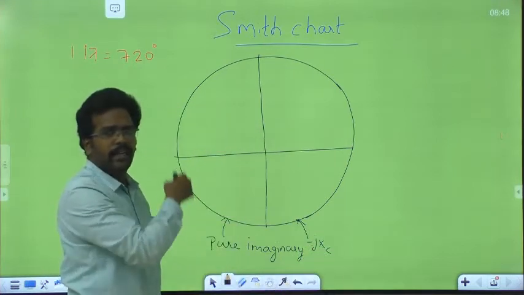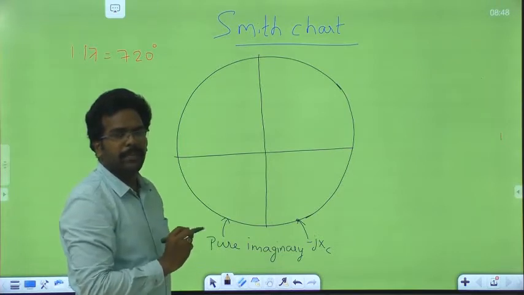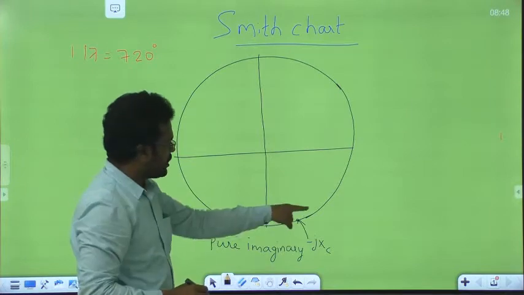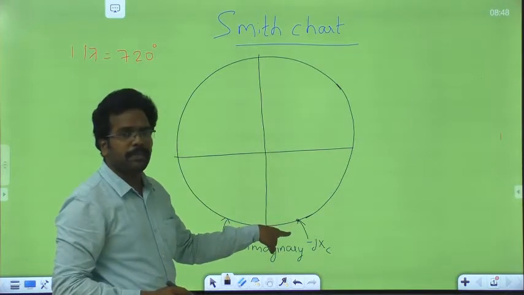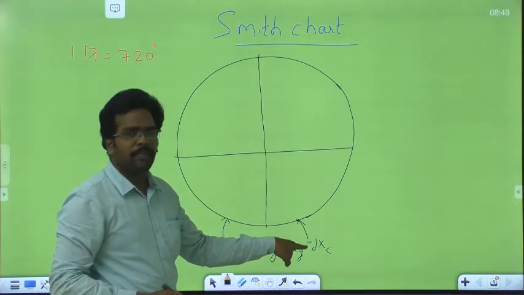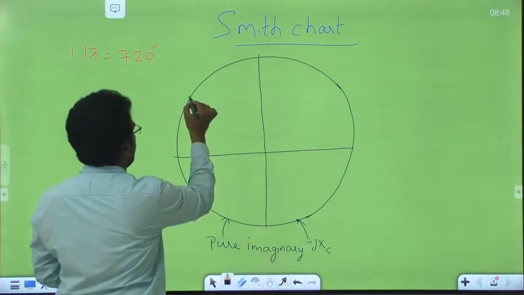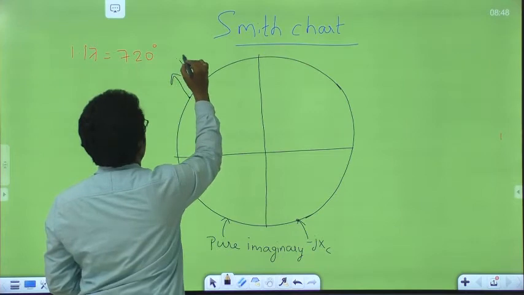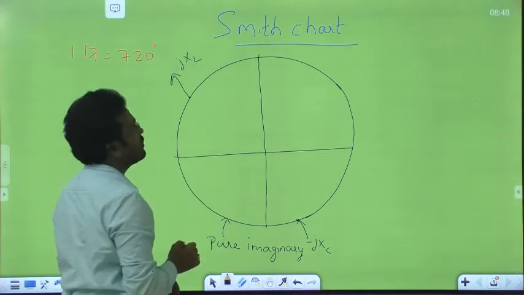On the outer circle, a point in the upper hemisphere contains only pure inductive reactance, and if a point is in the bottom hemisphere, it contains only pure capacitive reactance, minus jXc.